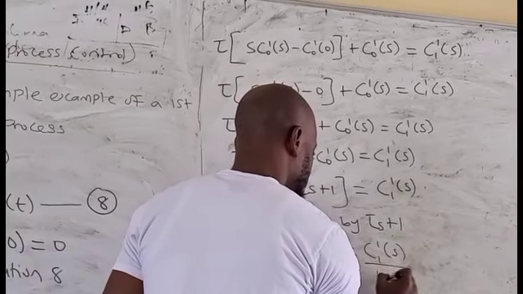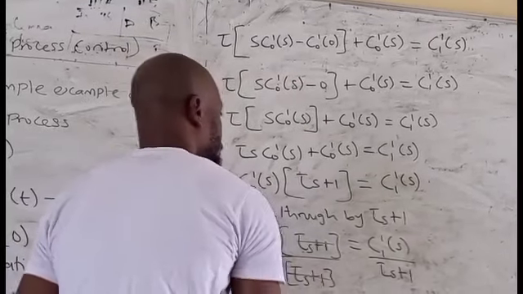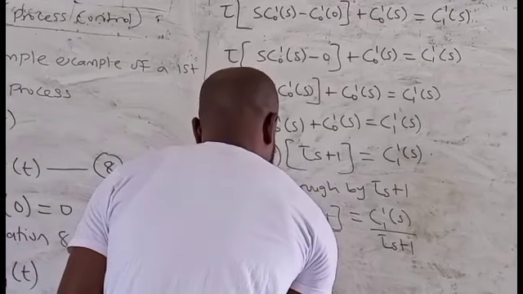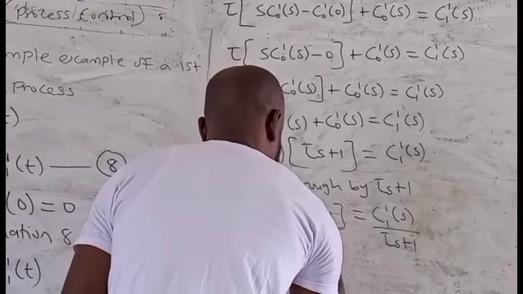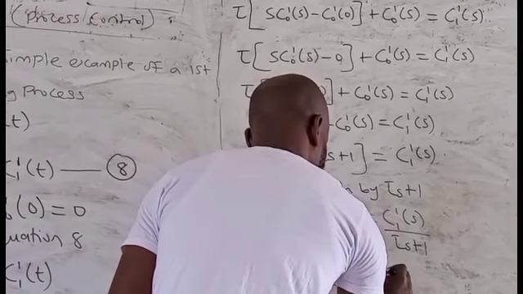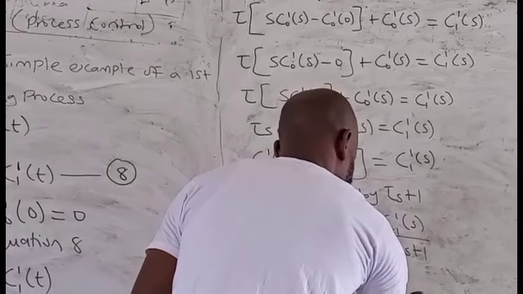So that I'm going to have C0'(s) equal to C1'(s) over tau s plus 1.